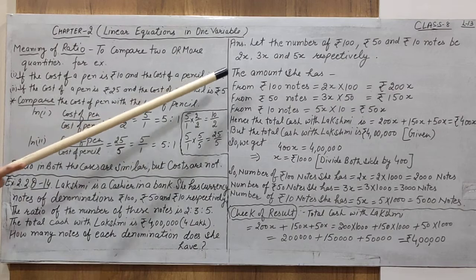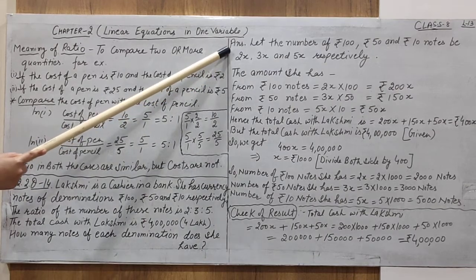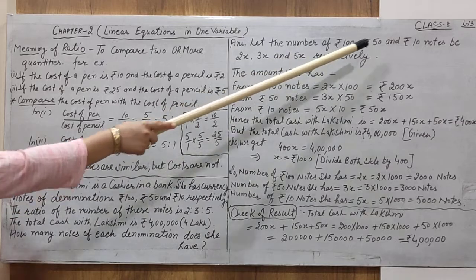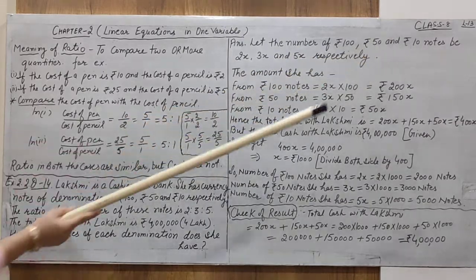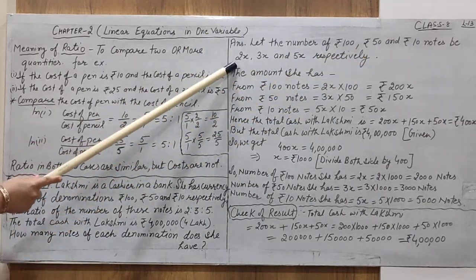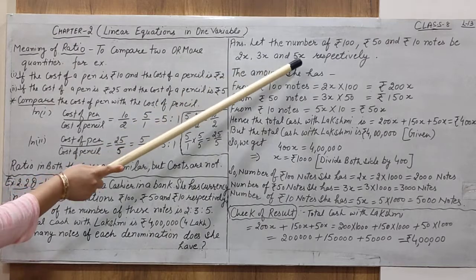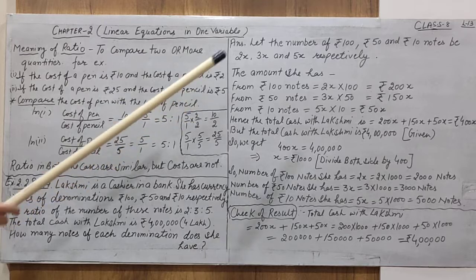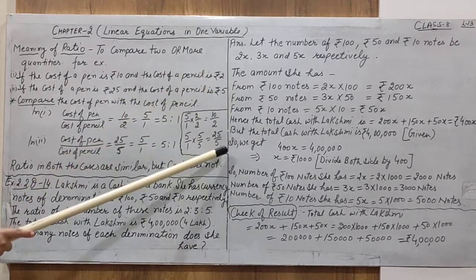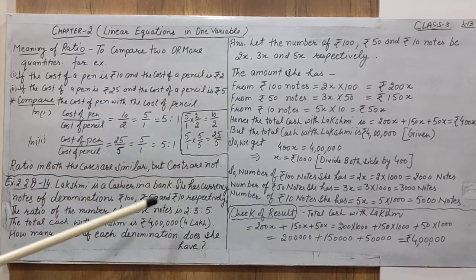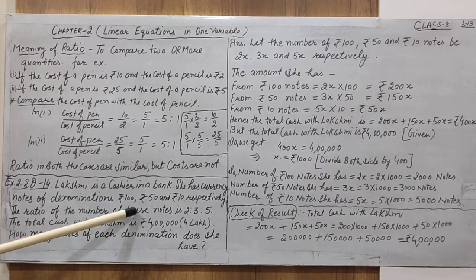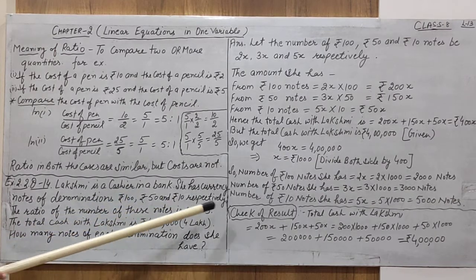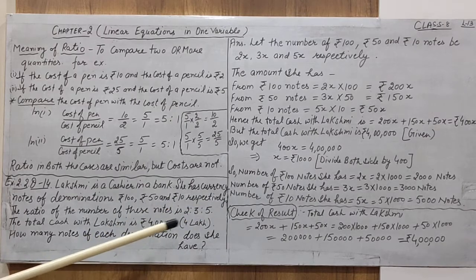Now start the question. First of all, let the number of 100 rupees notes, 50 rupees notes and 10 rupees notes be 2x, 3x and 5x respectively. What does it mean? We are going to use this property of the ratio, that number of notes की हमें ratio दी गई है. अब ratio का मतलब क्या है और respectively लिखने का मतलब क्या होता है?